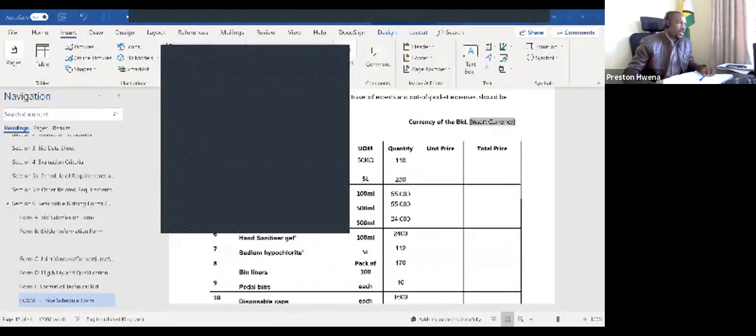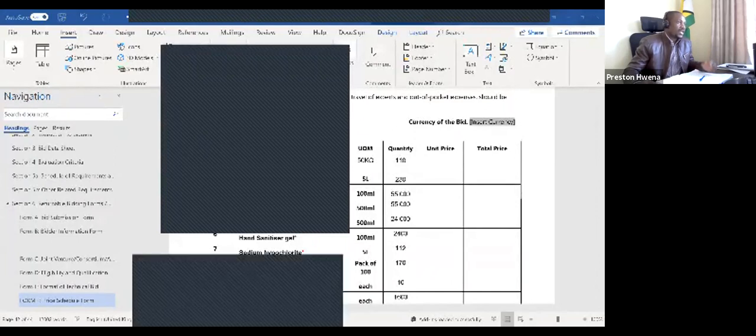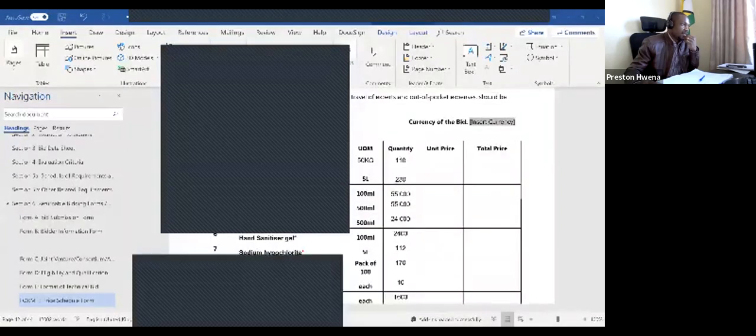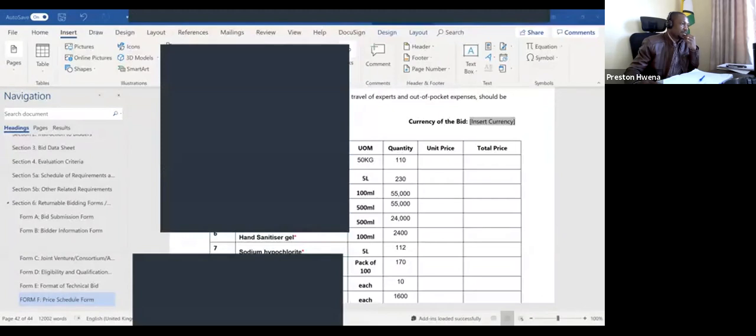Okay, it seems we only have 2. So what I'll recommend you to do, there's a document called the e-tendering user guide for bidders. This is our critical document as far as our e-tendering system is concerned. Let me just share it briefly.